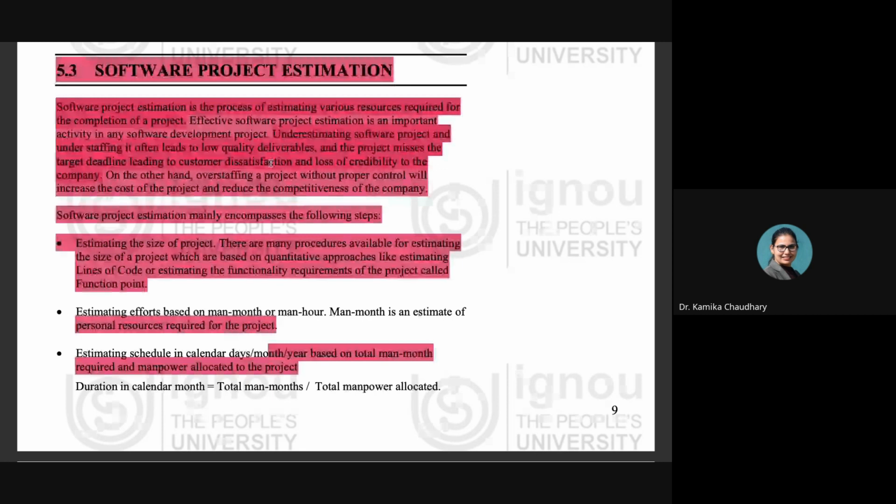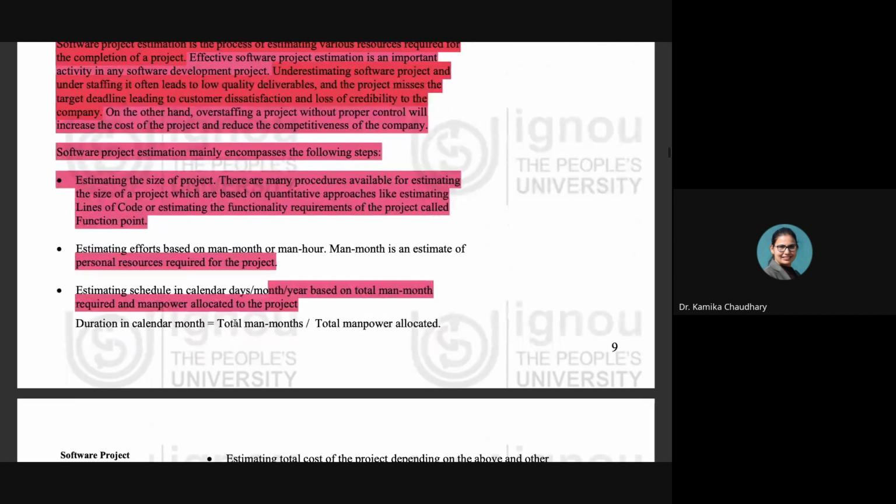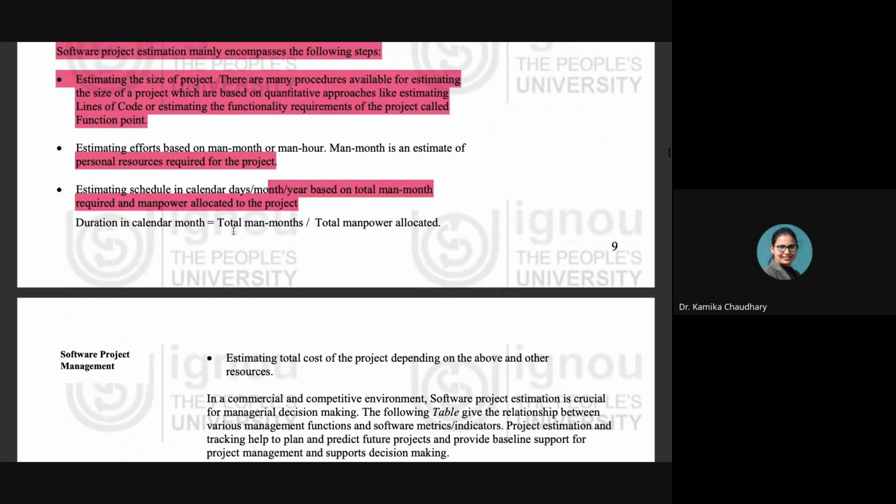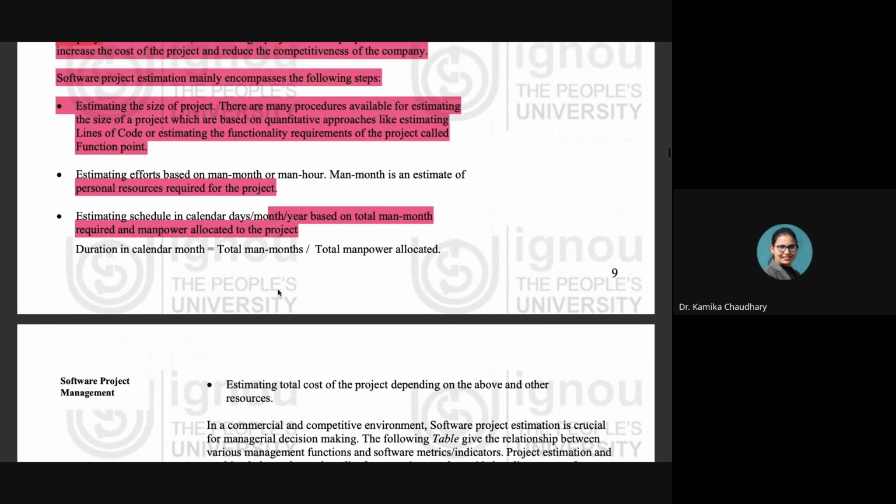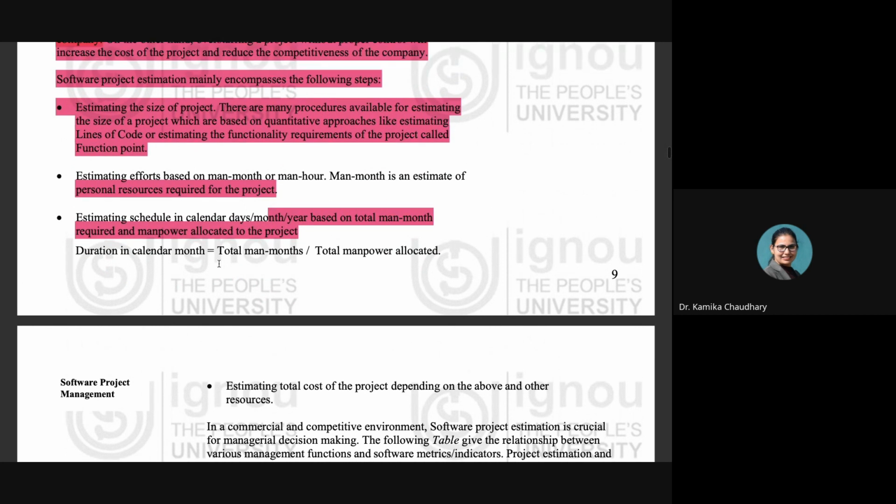So the major steps included in software project estimation are: first, estimating the size of the project; second, estimating the efforts; third, estimating the schedule; and fourth, estimating the total cost of the project. We should always remember these four important points: size, efforts, schedule, and cost.